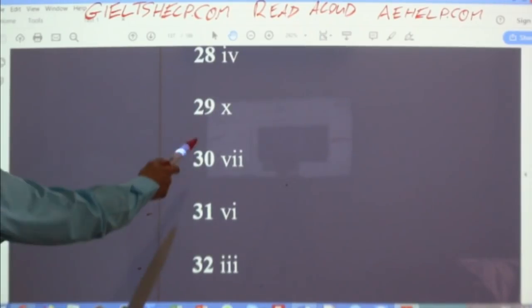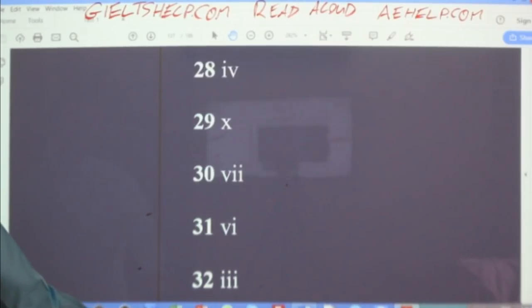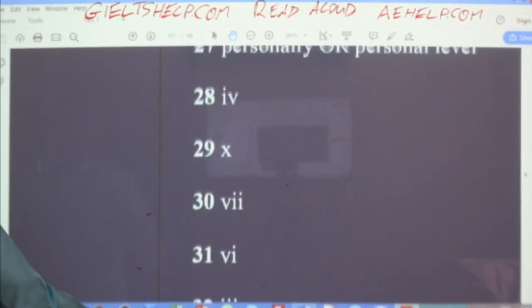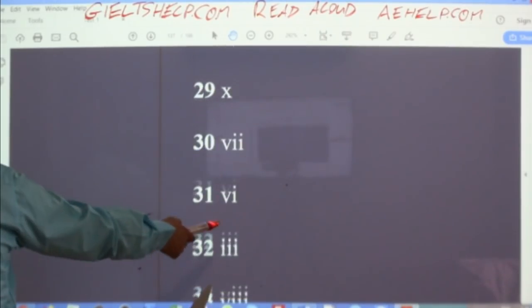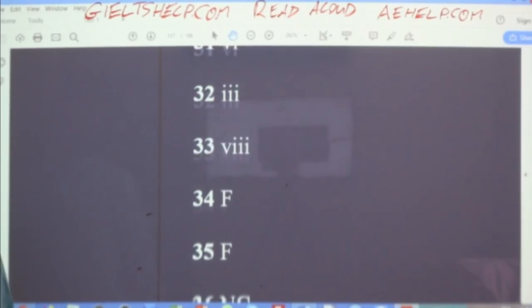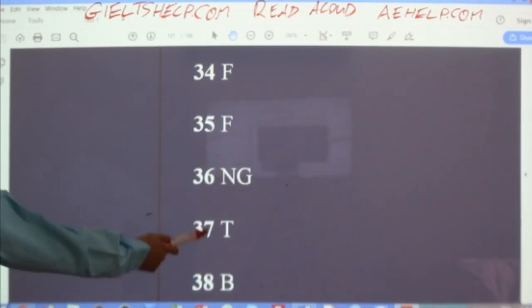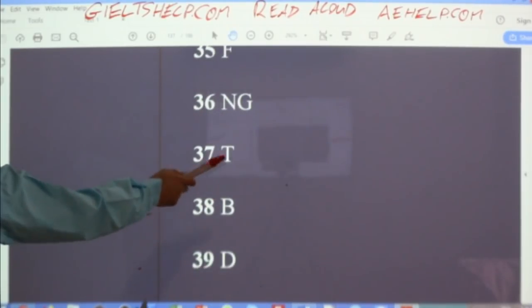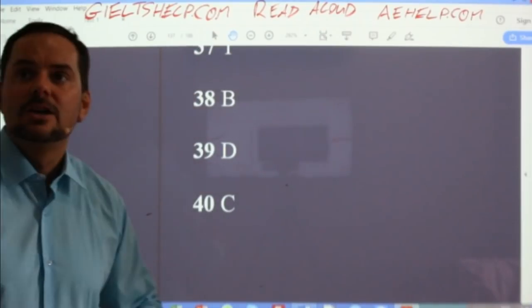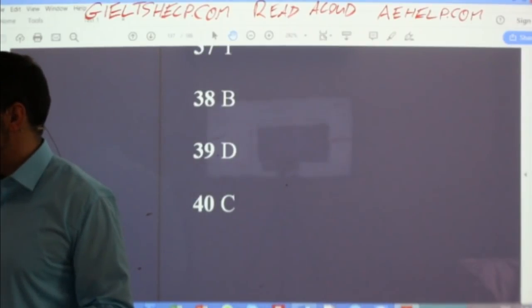That was correct. 29 is X. Oh, is that the right one? I think so. Yep. Okay. 30 is 7, 31 is 6, 32 is 3, 33 is 8. So that's good. Okay, true, false, not given, false, false. Those were correct. Not given, good, true, good. B, D, and C. Okay, so those are the right answers for that passage.